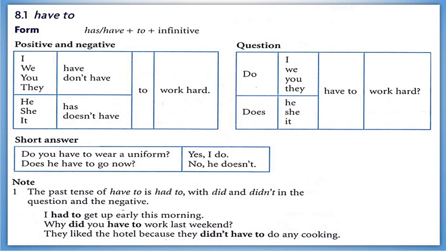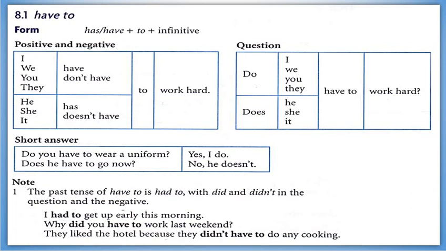Subject I, plus have, the verb, plus to, plus infinitive, which is work. If the subject is he, she, or it, have transforms into has. He has to work hard. Okay, that is on positive sentences.